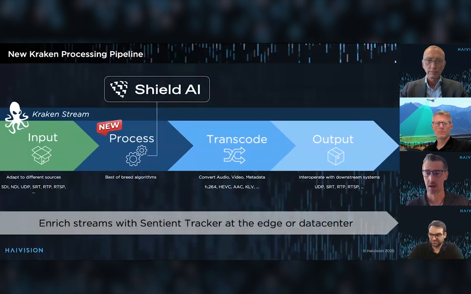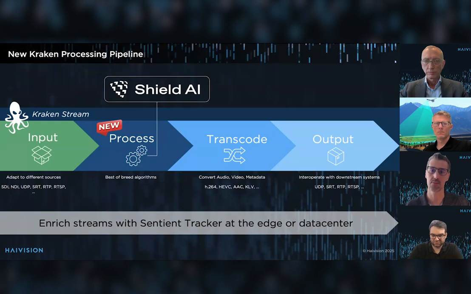So here, we're now able to leverage our best input front ends to capitalize on the battle hardenness of our front end decoder to be able to produce a nice clean stream to the best of breed algorithms like Shield AI to be able to process that imagery and enrich the streams at the edge or the data center wherever Kraken can run.